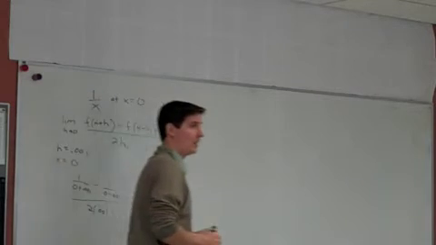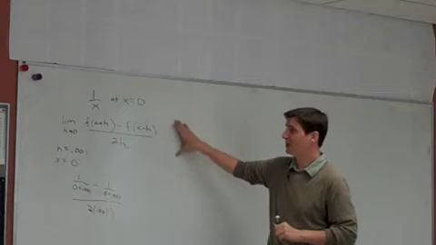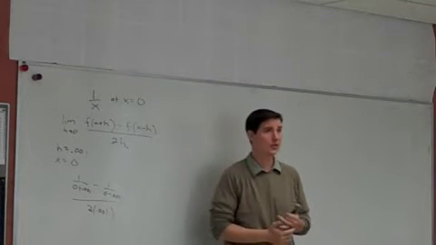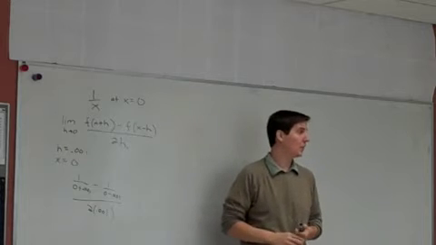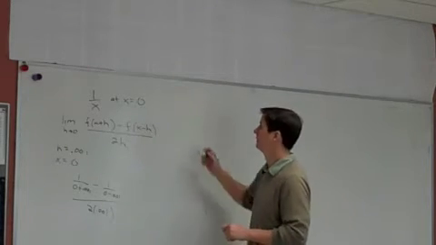Find out what that value is on your calculator. This is setting up a symmetric difference quotient to find the instantaneous rate of change at x equals 0 for the function 1 over x. Find out what this is.